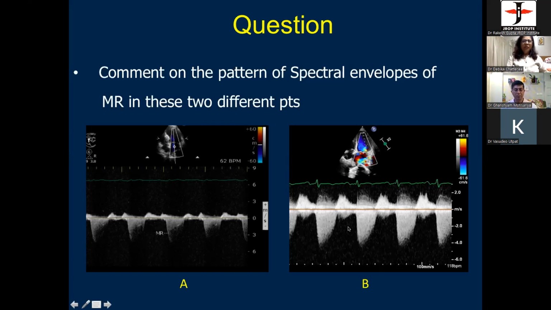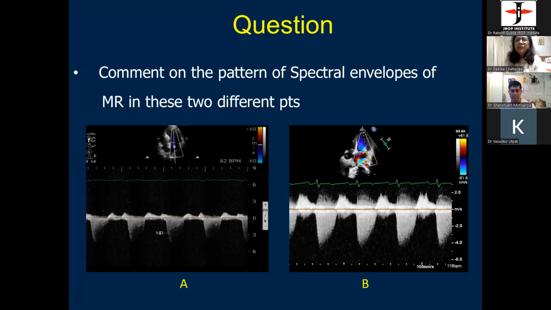Yes, ma'am. What else? This is a very specific finding in this MR jet. If you pick it up, that'll be excellent. The first point he has said, we are happy with that. Anything else? Another very important finding.